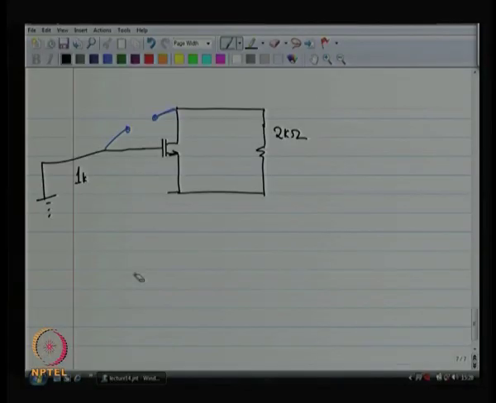So, this is how I am going to redraw my network, right. So, what is the impedance when I look in over here?